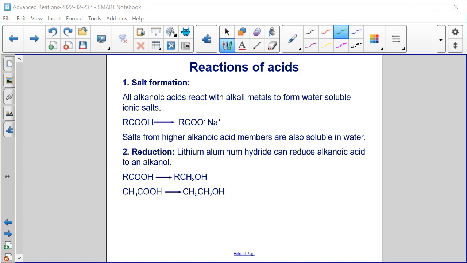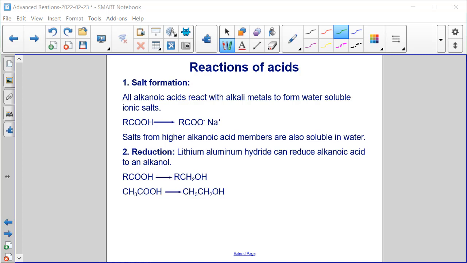So we've talked in this section so far about the formation of these alkanoic or carboxylic acids. But let's talk now about reactions involving those acids, if we have them or once we form them. So the first reaction involving an alkanoic acid is salt formation.